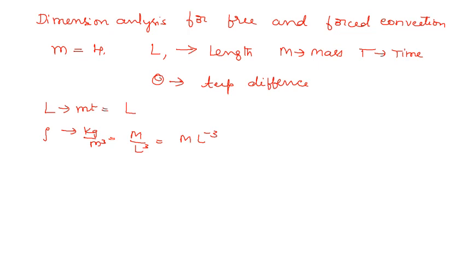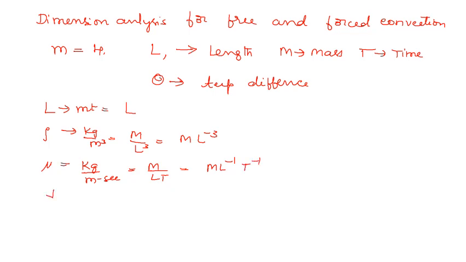For the viscosity, we can use kg per meter second, which can be written as ML to the power minus 1 T to the power minus 1.